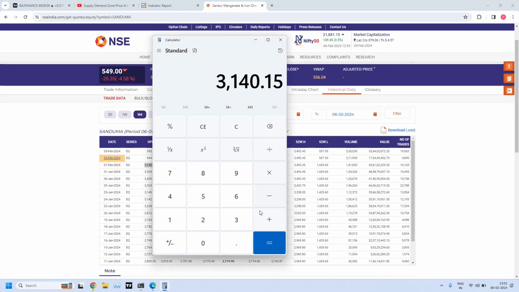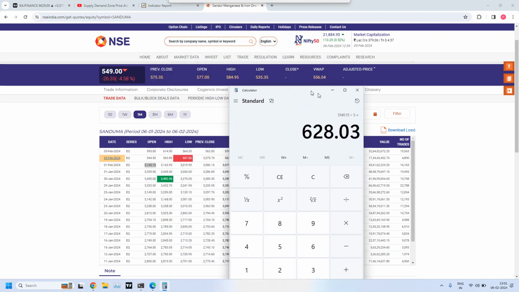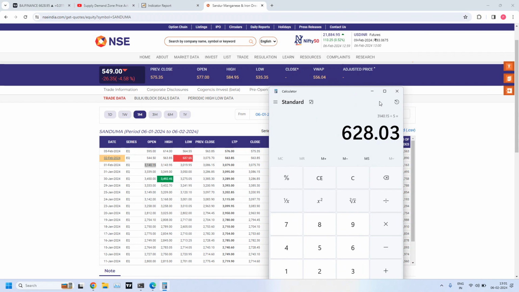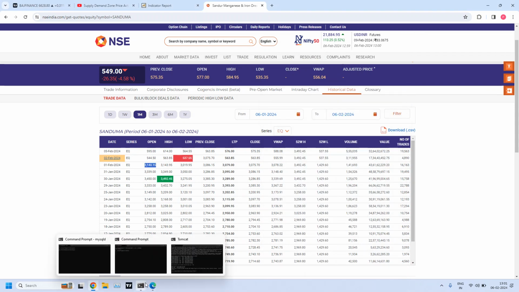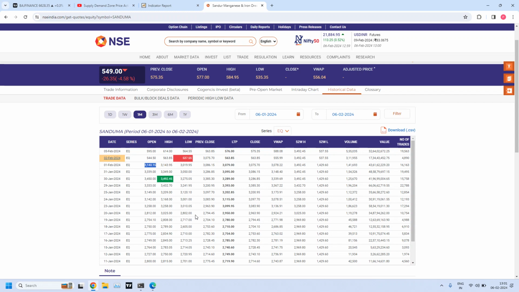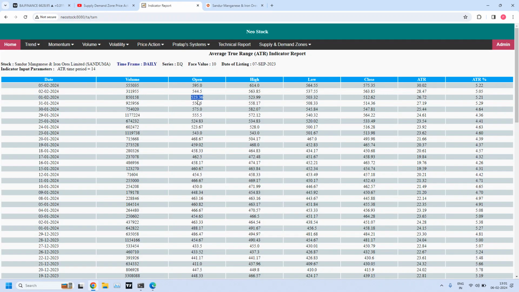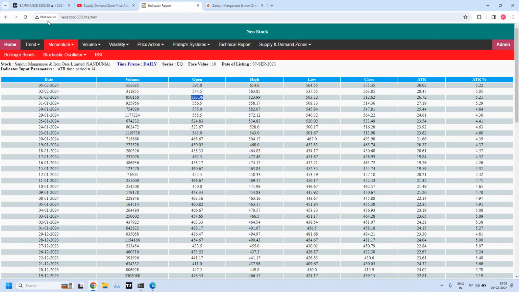This is the value you got. Here 523.36. Go to TradingView.